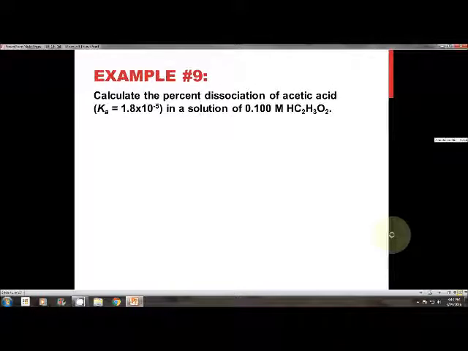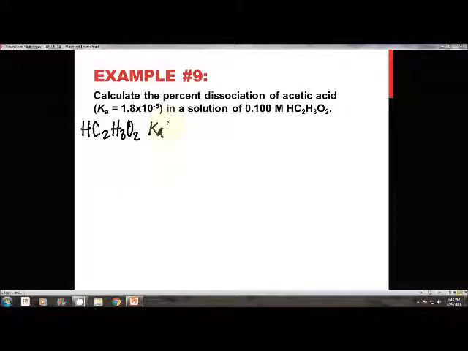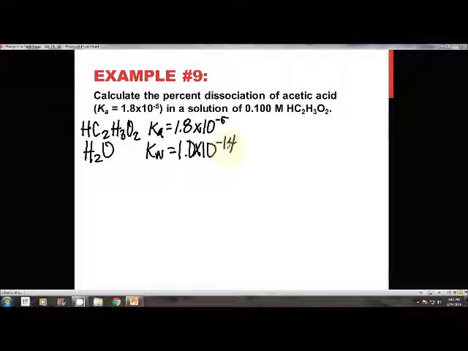So let's calculate out that percent dissociation. If we have acetic acid, which has a Ka of 1.8 times 10 to the negative 5, and a solution of 0.1 molar acid. So we have the acid, which has a Ka of 1.8 times 10 to the negative 5, versus it's also an aqueous solution, so it has water, which has the Kw, and that is still really tiny, so we can assume that the water does not donate to the H plus concentration, just like we were doing previously.